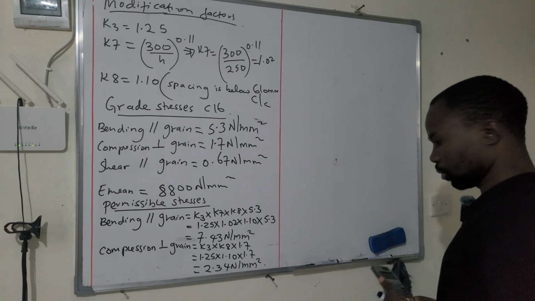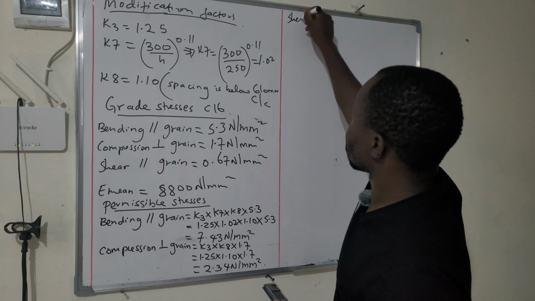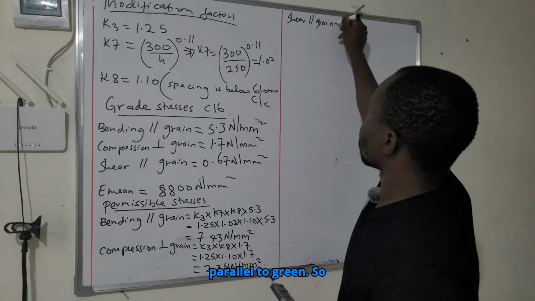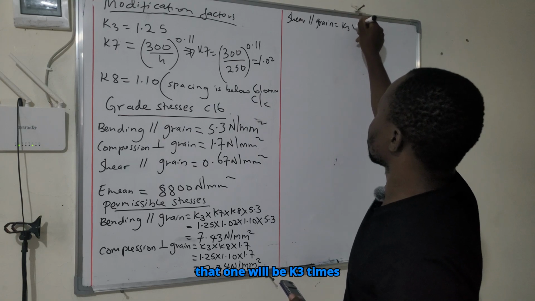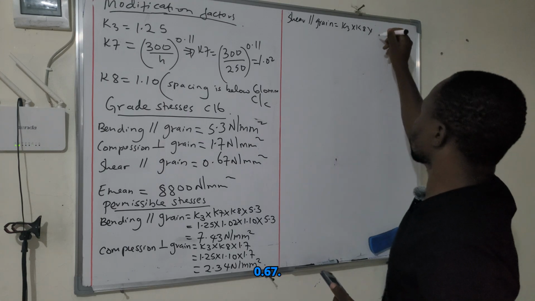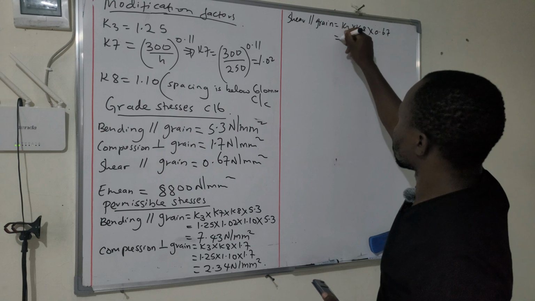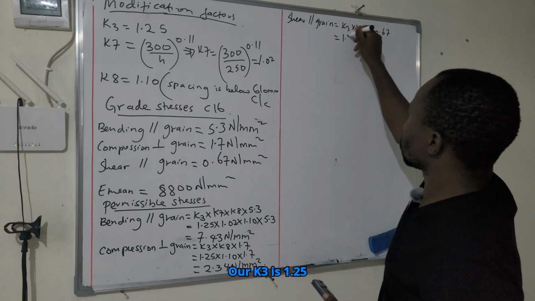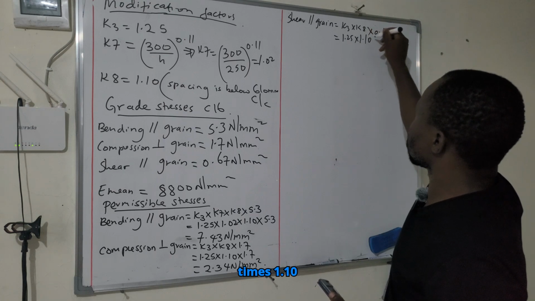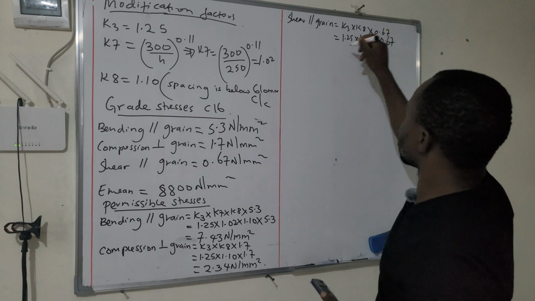So the last one is shear parallel to grain. That one will be K3 times K8 times 0.67. Our K3 is 1.25 times 1.10 times 0.67.